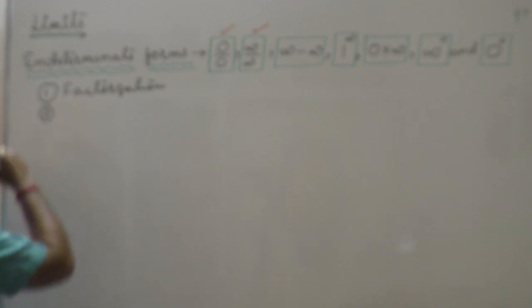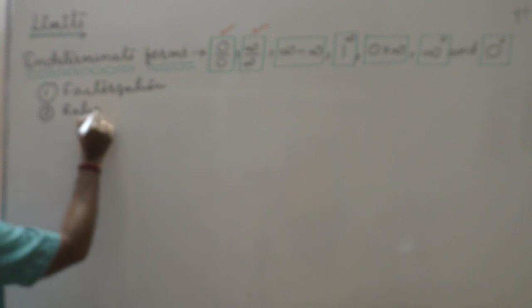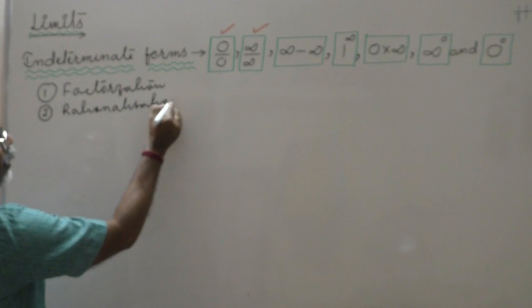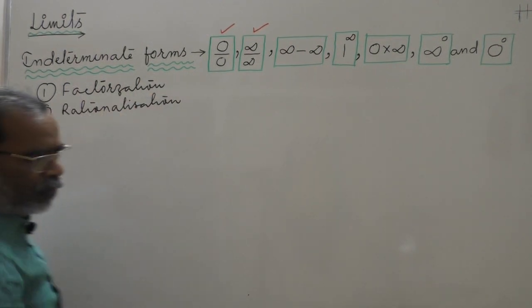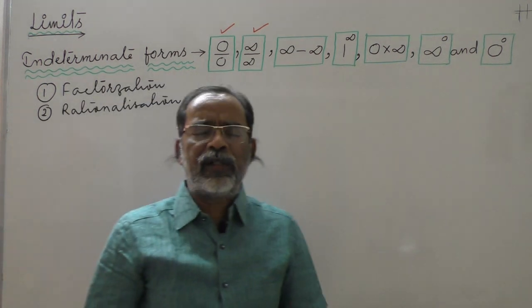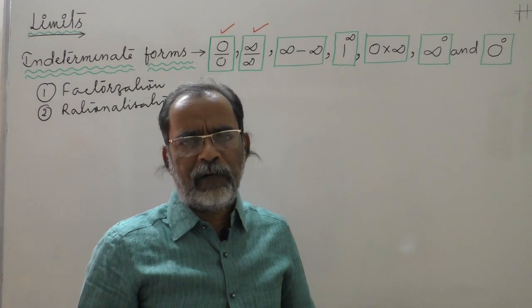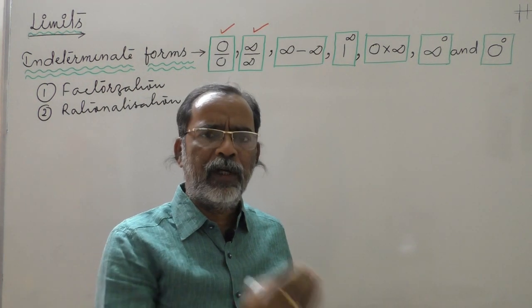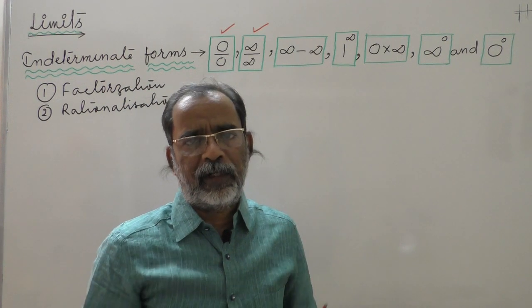If square roots are there, then you can also use the rationalization method. If roots are there, you rationalize. You generally get an indeterminate form if the numerator and denominator have some common factor.